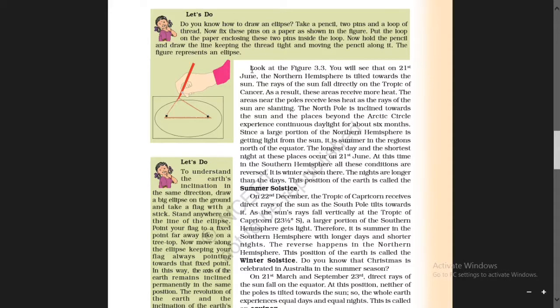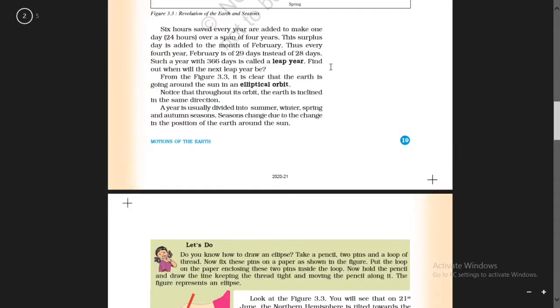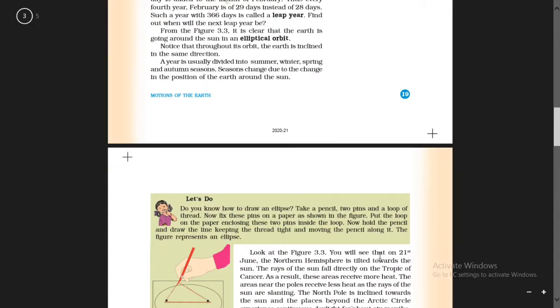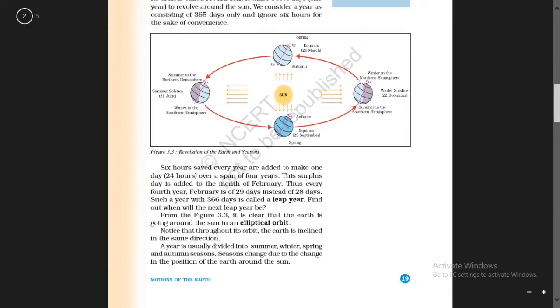Now, let us see figure 3.3. Here you will see that on 21st June, the northern hemisphere is tilted towards the sun.